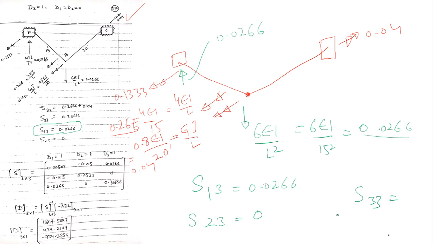S33 is the moment or rotation, the degree of freedom in Z direction, right? So here I have this GJ by L, whose magnitude is 0.04, plus the 4 EI by L, whose magnitude is equal to 0.266. You have to add these two values, and it comes out to be 0.30666. So I'm done.